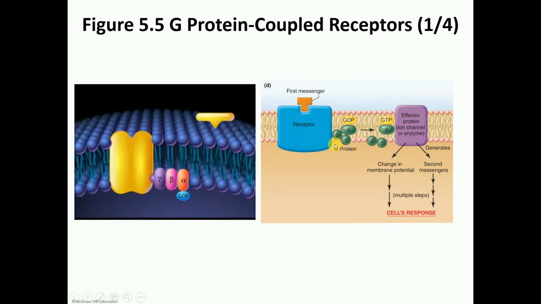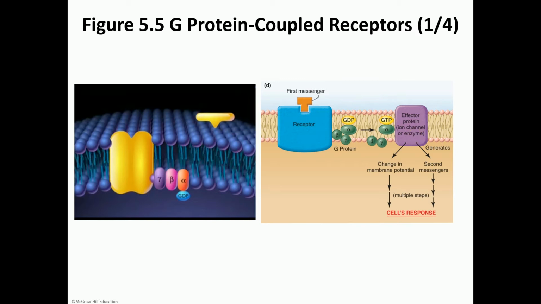So it detaches from the receptor. And then the alpha subunit detaches from the beta and gamma subunits. The alpha subunit has GTP attached to it, and then it will activate another protein in the cell membrane, and that protein is either an ion channel or an enzyme.